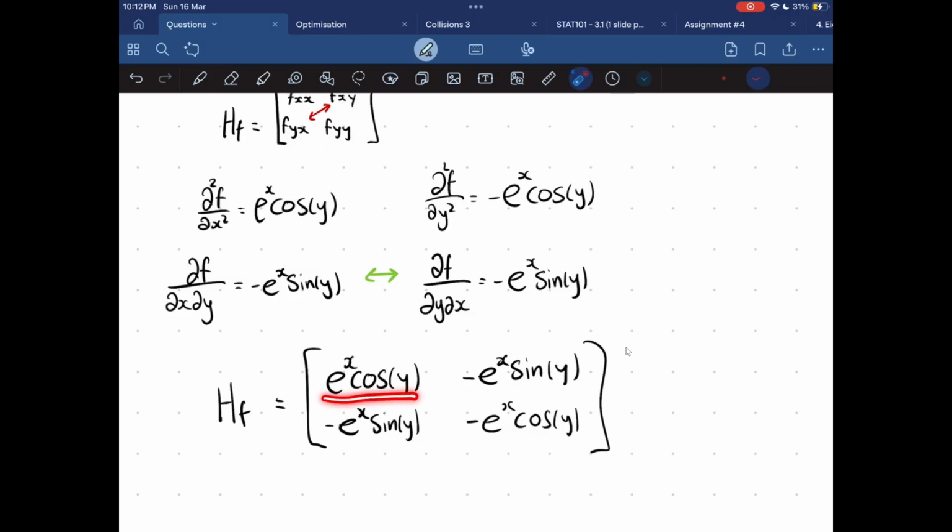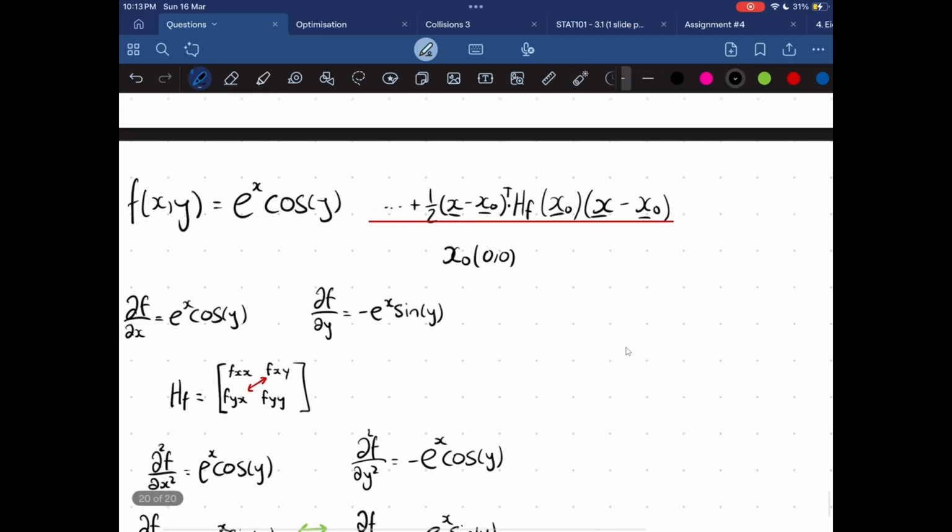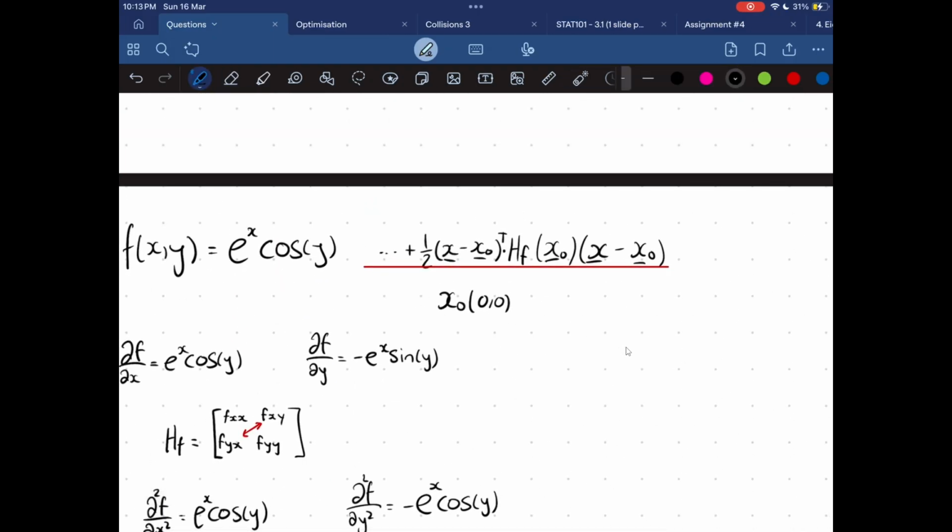So with respect to x here, with respect to xy here, with respect to yx here, and then with respect to y here. So now we're just going to go ahead and unpack this all.